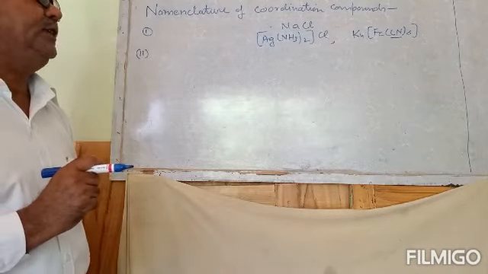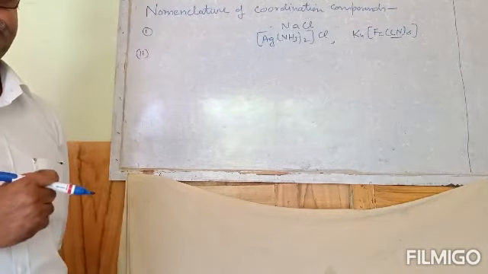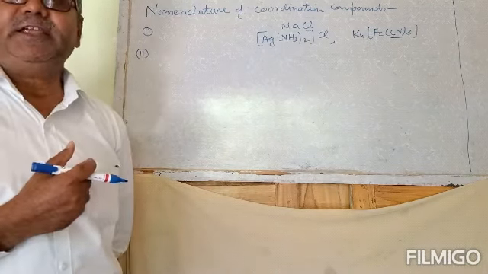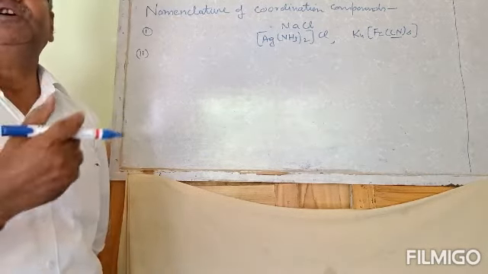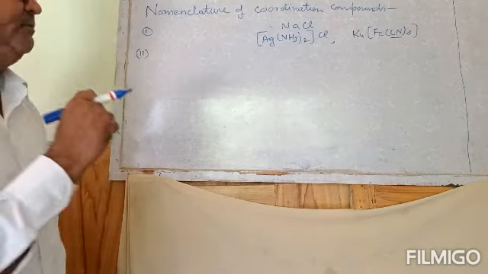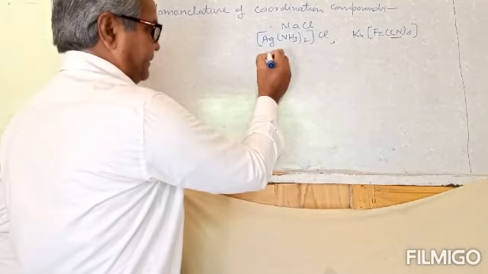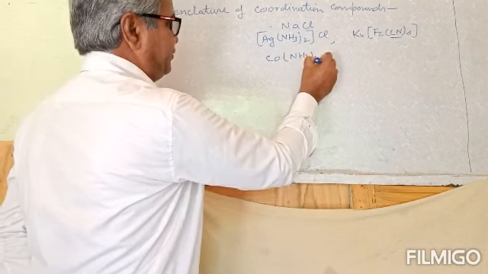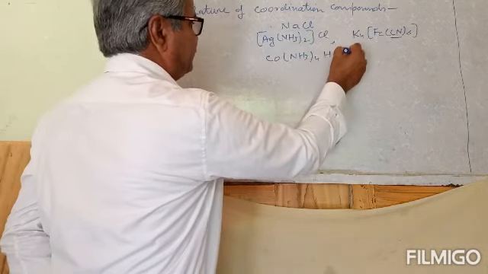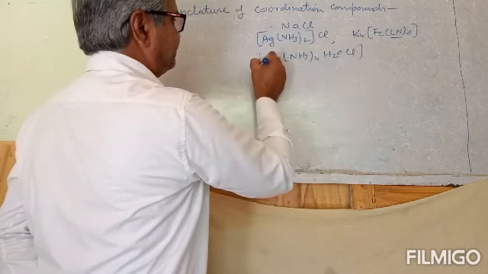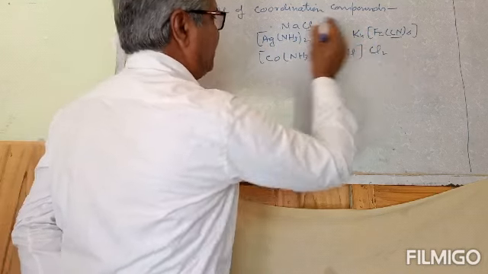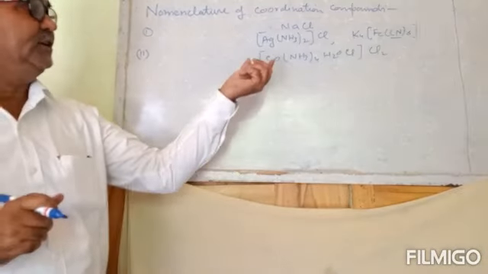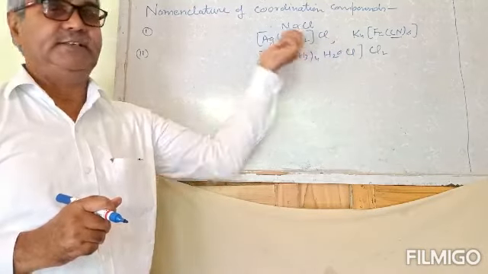If a compound has many ligands, 2 or more than 2, then they are named in alphabetical order. For example, [Co(NH3)4(H2O)Cl]Cl2. So this compound, as you see, has 3 different types of ligands.